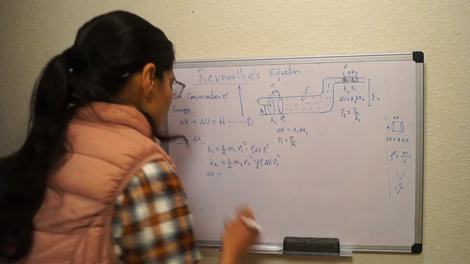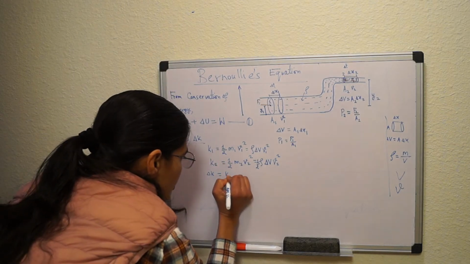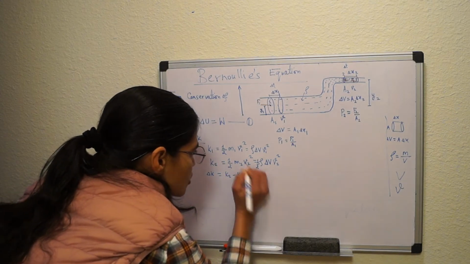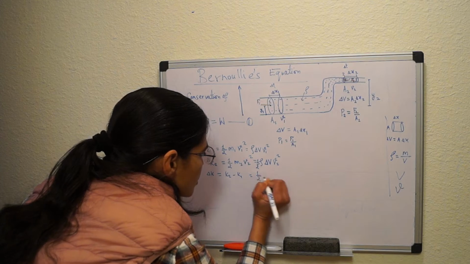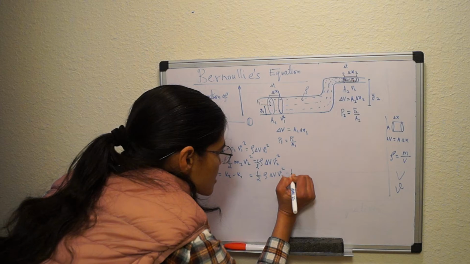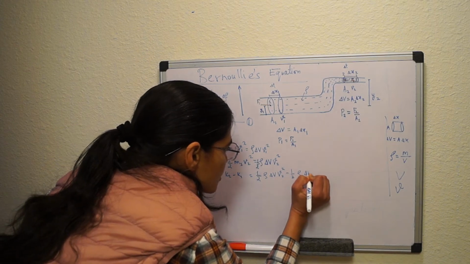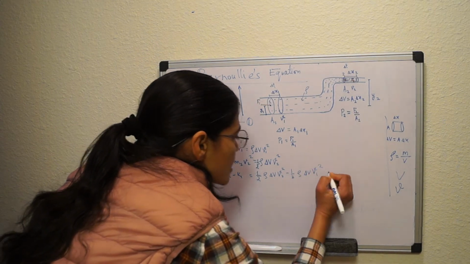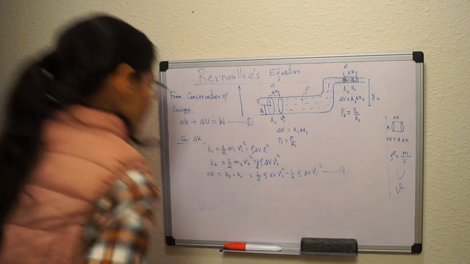So we are going to do K2 minus K1, and that is going to give us half rho delta V v2 squared minus half rho delta V v1 squared. Now let's call this equation 2.